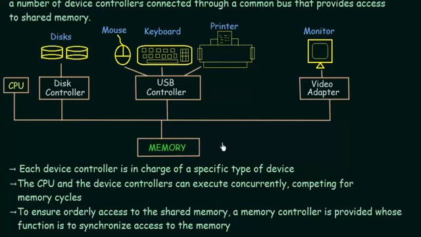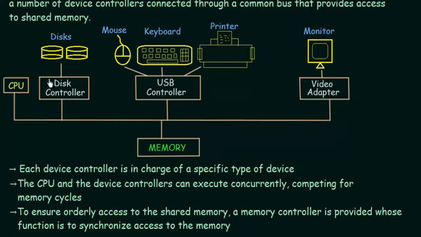We need to ensure that all of these devices get their required share of memory so that they can be loaded correctly and executed in the right way without any problem for the user. So we have a memory controller here which ensures that every other controller or device gets the proper access to the memory they need so that they can work smoothly. The memory controller synchronizes everything and makes everything work in a very smooth way.